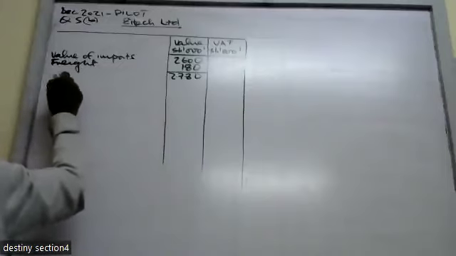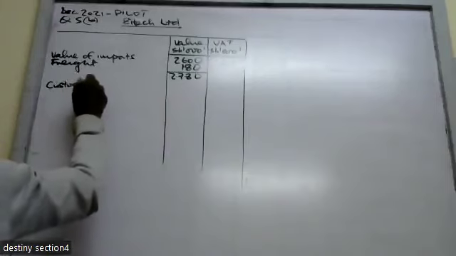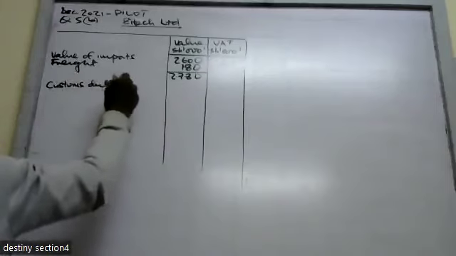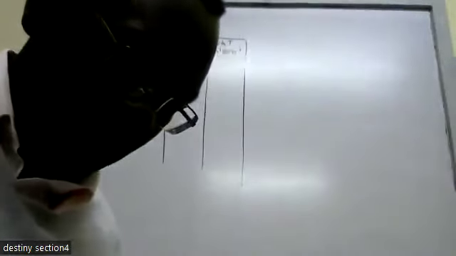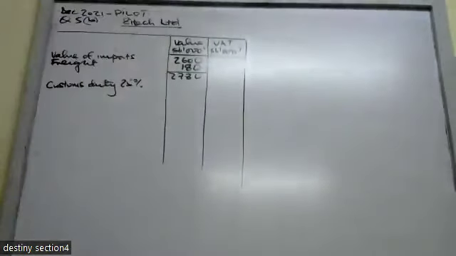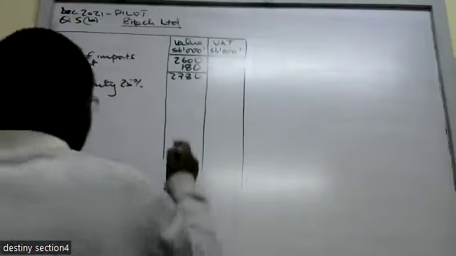So customs duty is charged at 25%. To get 25% of 2,780, you get 695.